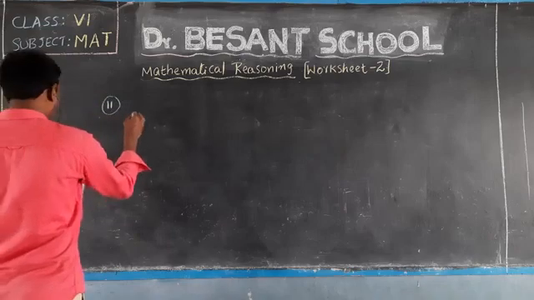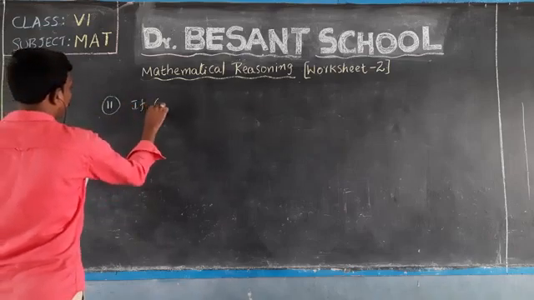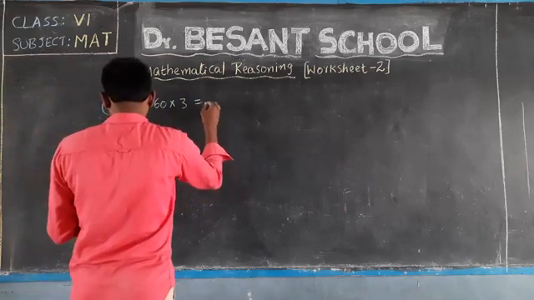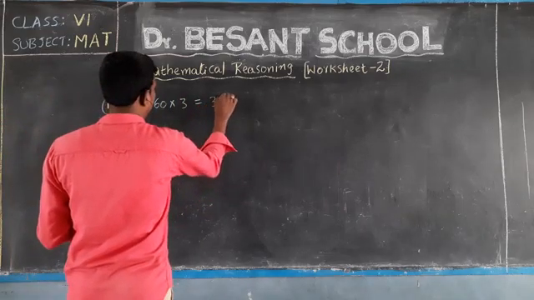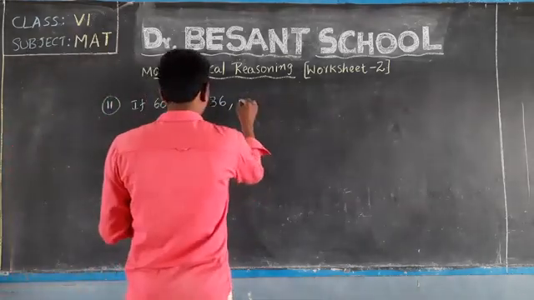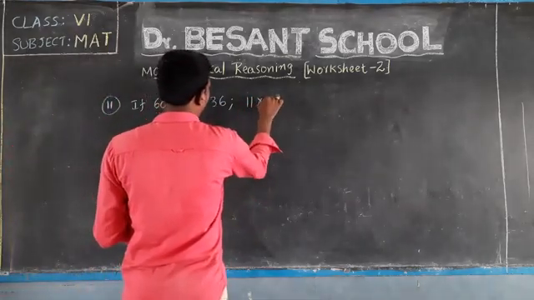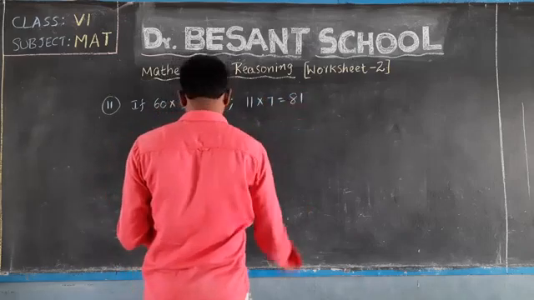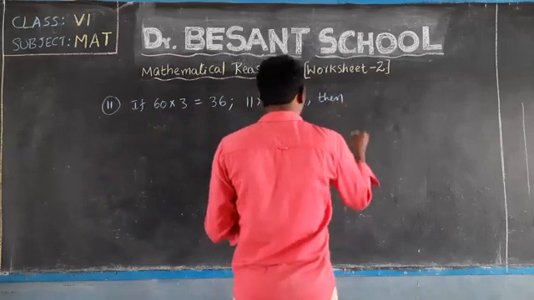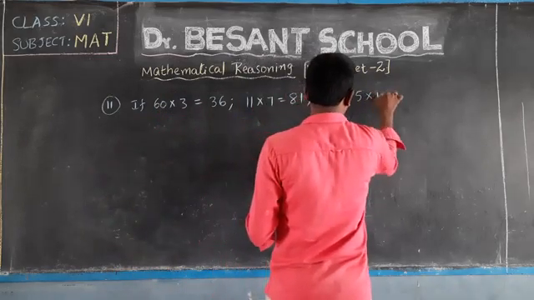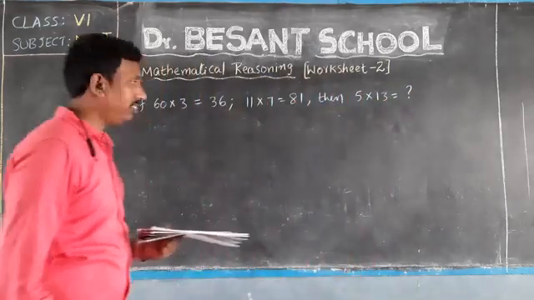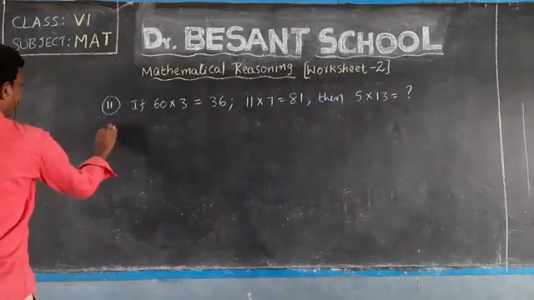If 60 into 3 is equal to 36, similarly 11 into 7 is equal to 81, then what is the value of 5 into 13? 5 into 13 is equal to question mark. This is to be observed here. So, a very interesting problem.